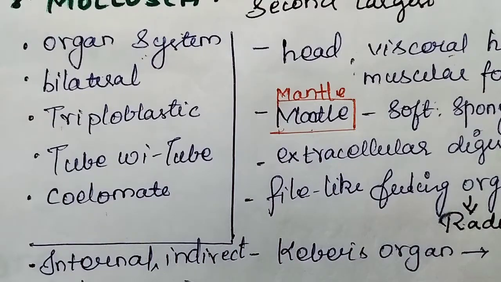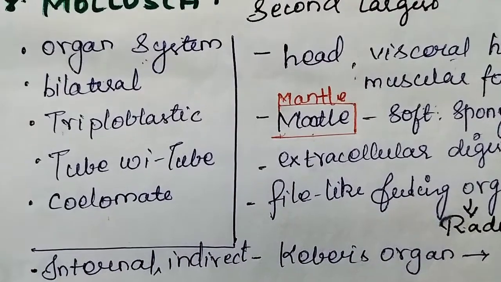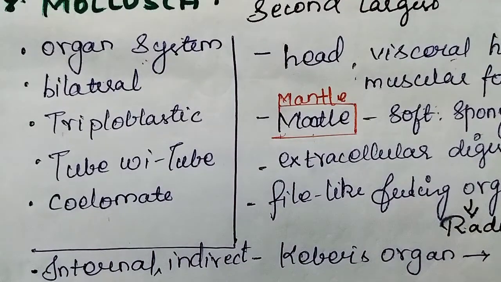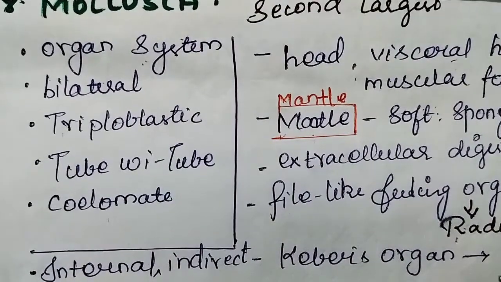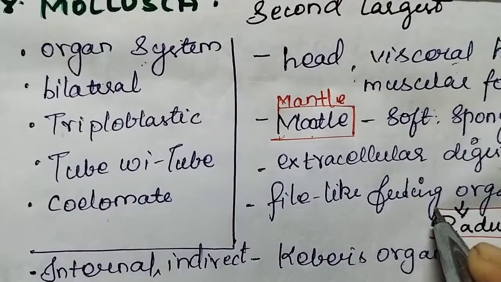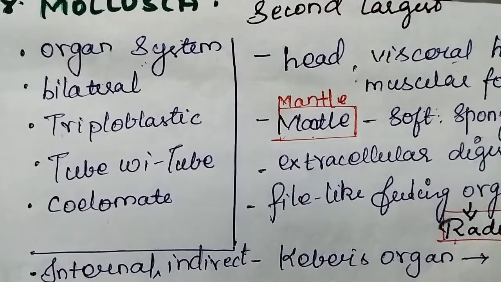They have extracellular digestion: they digest outside and take the wanted particles into the body, with a file-like feeding organ. Their mouth has a special characteristic feature called the radula, which is present in mollusks.